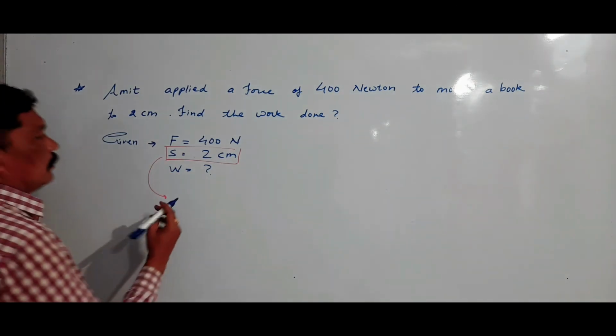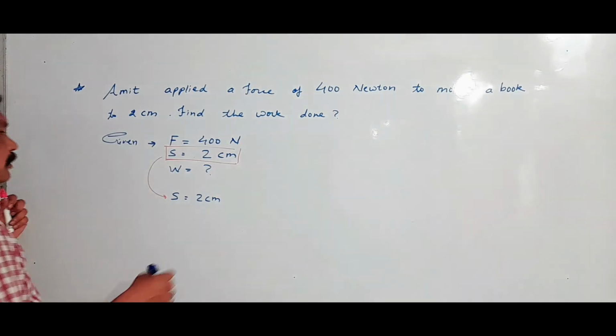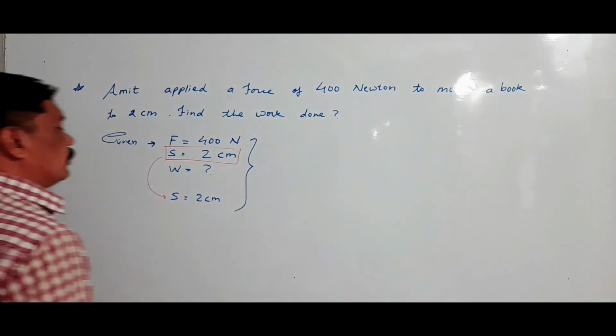Displacement S is equal to 2 centimeter. Centimeter we have to convert into meter.